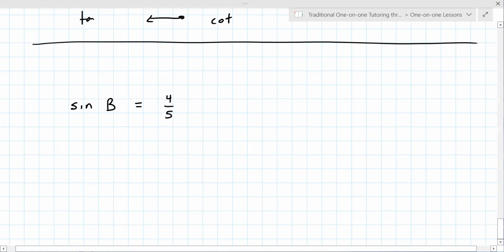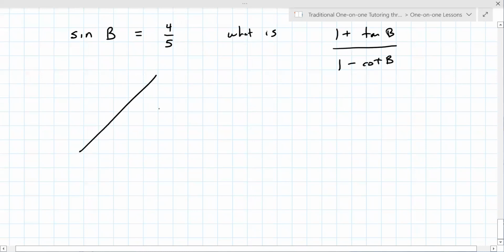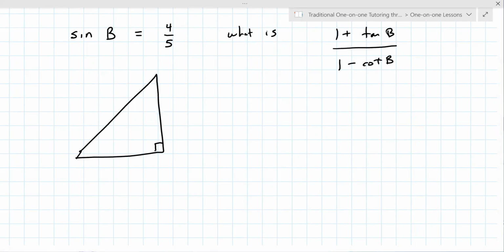So we want to find out what is 1 plus tangent B over 1 minus cotangent B. Okay. So start by drawing the triangle. And again, just let me know when you get that down so that we can compare notes here and see if we got the same thing.